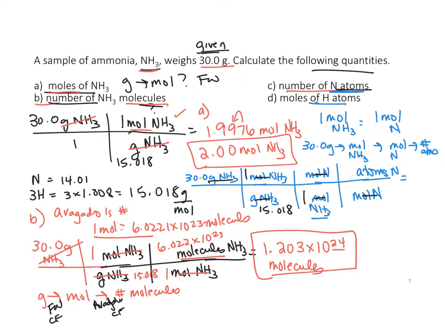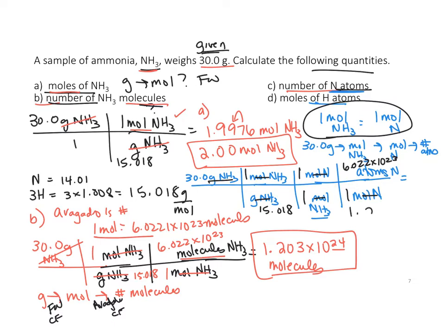For 1 mole of nitrogen, we just came up with this conversion factor from the formula. There is 1 mole of nitrogen, and for 1 mole of nitrogen we have 6.022 times 10 to the 23rd atoms. Now that we have our numbers in there, we're ready to get our calculator and go 30.0 divided by 15.018 times 1 divided by 1, times 6.022 E 23.